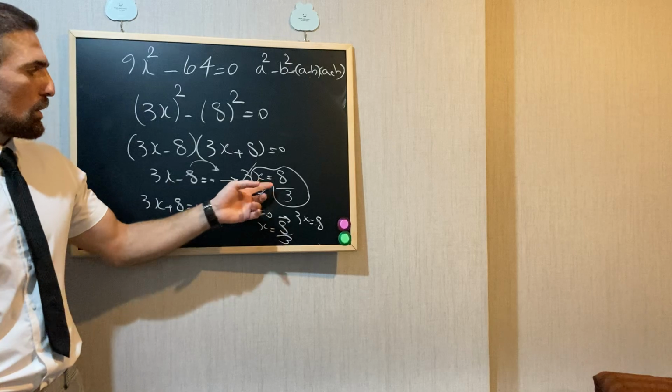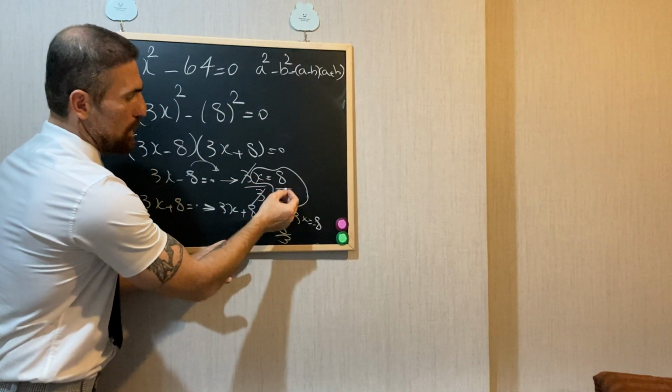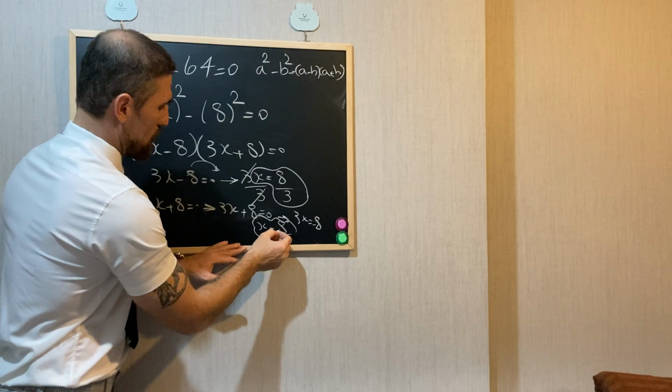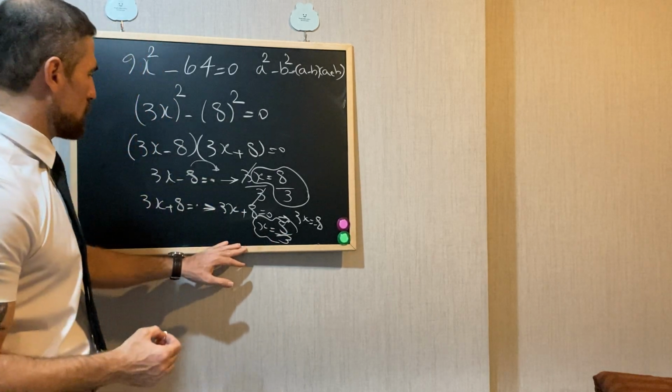Two answers. x equals 8 over 3 and x equals negative 8 over 3.